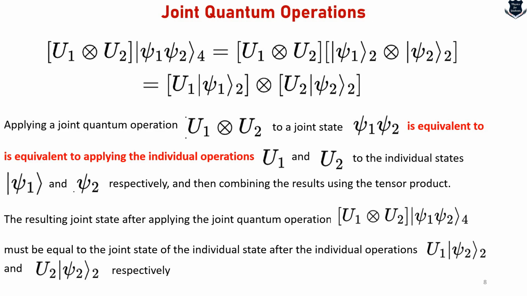What comes out as very important here is that when we apply a joint quantum operation, whatever it may be, to a joint state psi1 and psi2, it is equivalent to applying the individual operations u1 and u2 to the individual states psi1 and psi2. So a joint quantum operation is equivalent to applying the operations on individual states, and this is done by using this cross circle, which is called the tensor product.